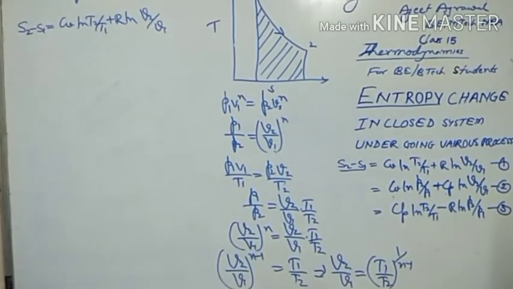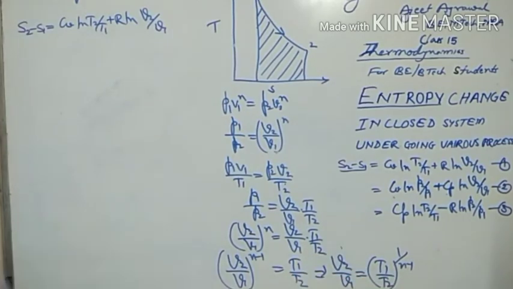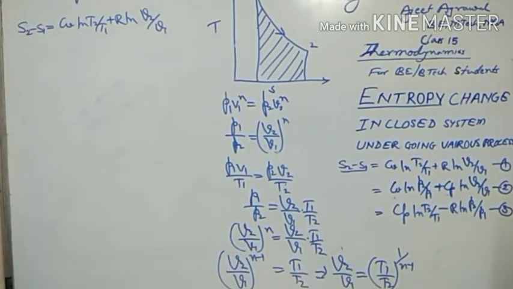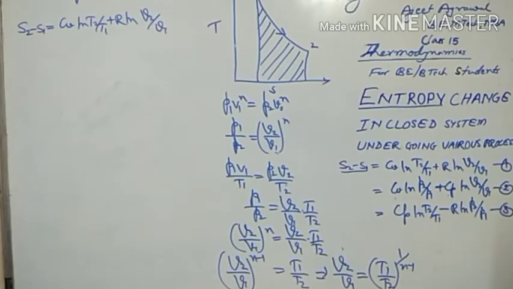So finally we got V2 by V1 equals T1 upon T2 to the power 1 by n minus 1.